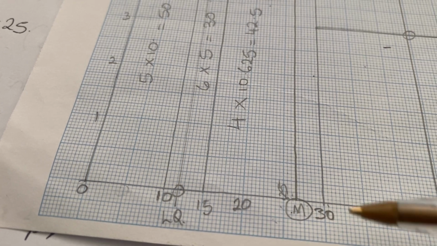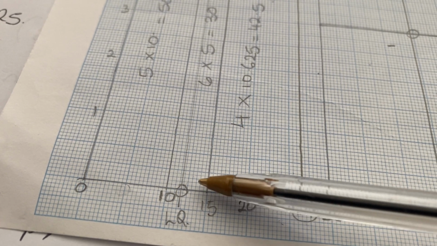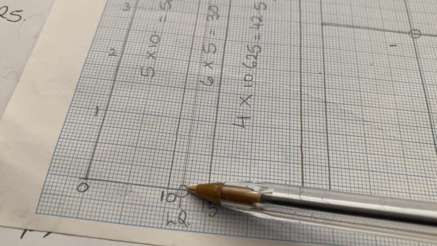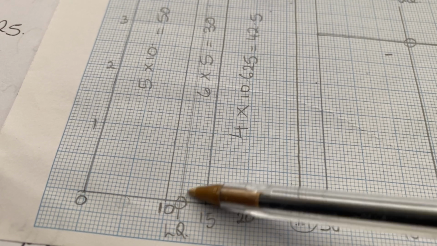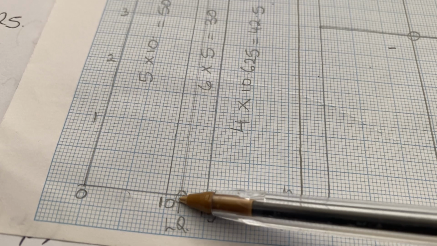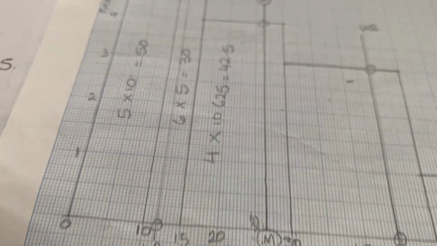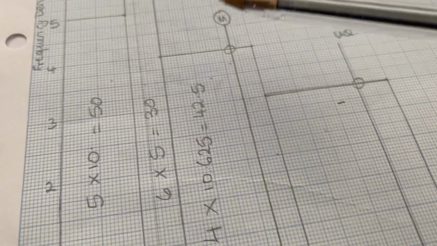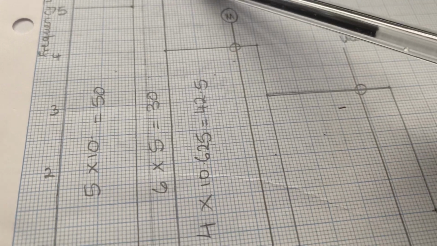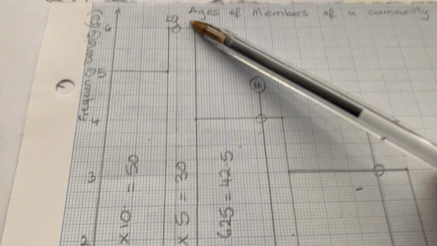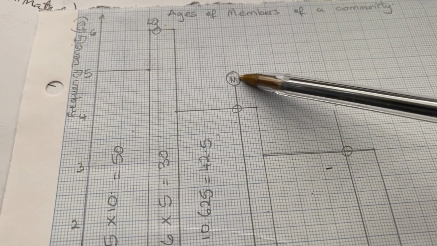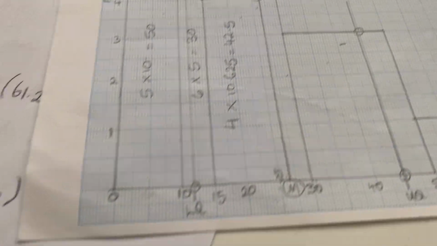If you look at the graph again, that is 15, and 12.25 is here, so that would be about 11 point something, nearly 12. So that will be my lower quartile there, and that will be my median.